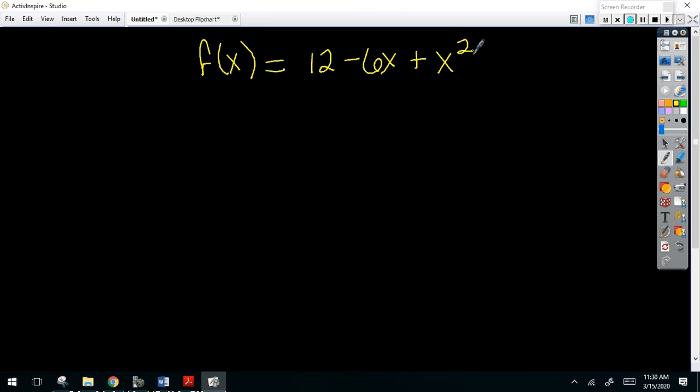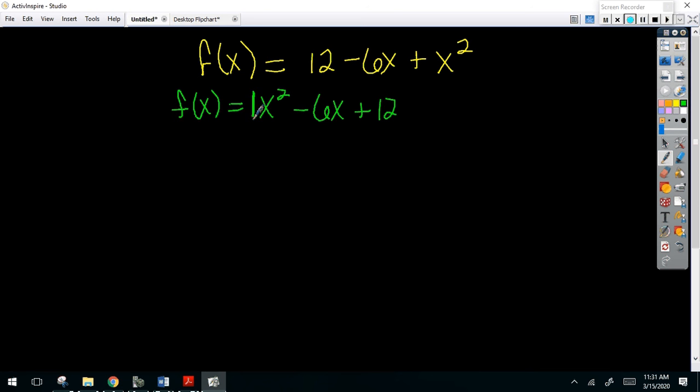Okay, so I do want to make sure that it's in standard form, just so that you can see what happens here and how we manipulate. So I'm going to go ahead and rewrite this as x squared minus 6x plus 12, so I'm in standard form, right? All right, so going back to that list of steps, I want to factor the leading coefficient.